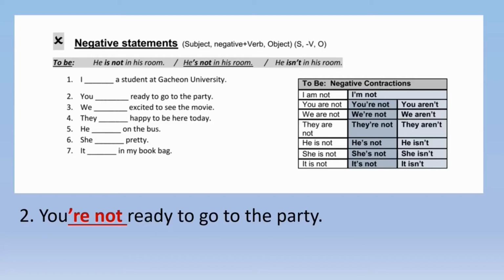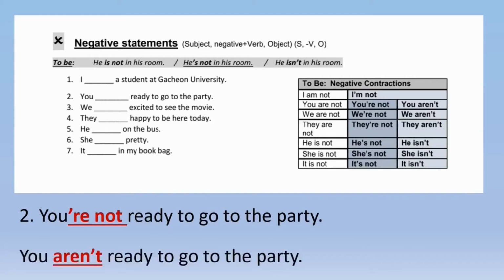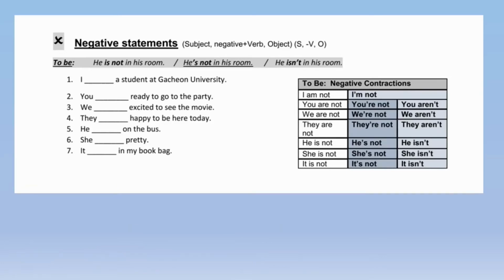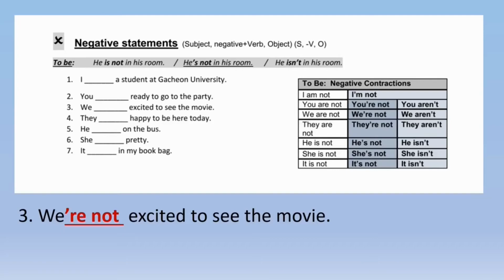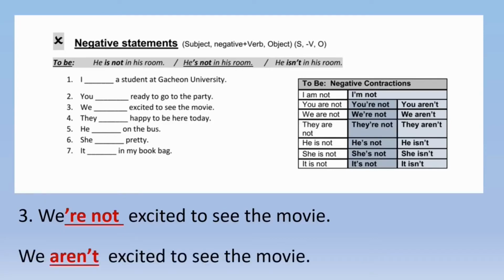You're not ready to go to the party, or you aren't ready to go to the party. Number 3. We, excited to see the movie. We're not excited to see the movie, or we aren't excited to see the movie.